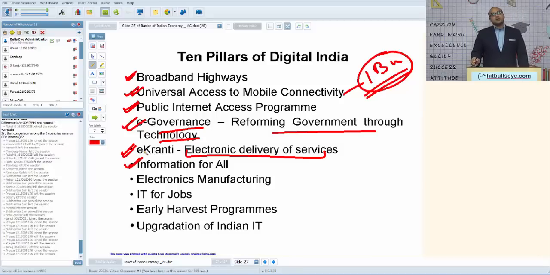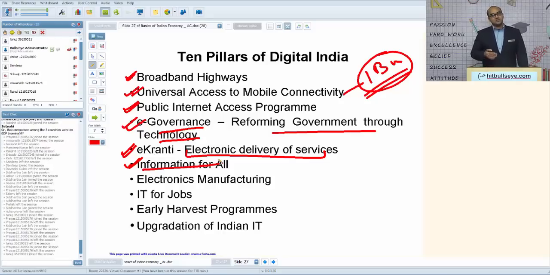Information for all. Now as far as the right to information is concerned, one of the clauses was to make the information public without the public asking for it. Now only using digital formats is it possible. So scanned copies of all important government documents can be put up on their websites. Of course, one aspect of manufacturing that India is really lagging behind in is electronics goods.